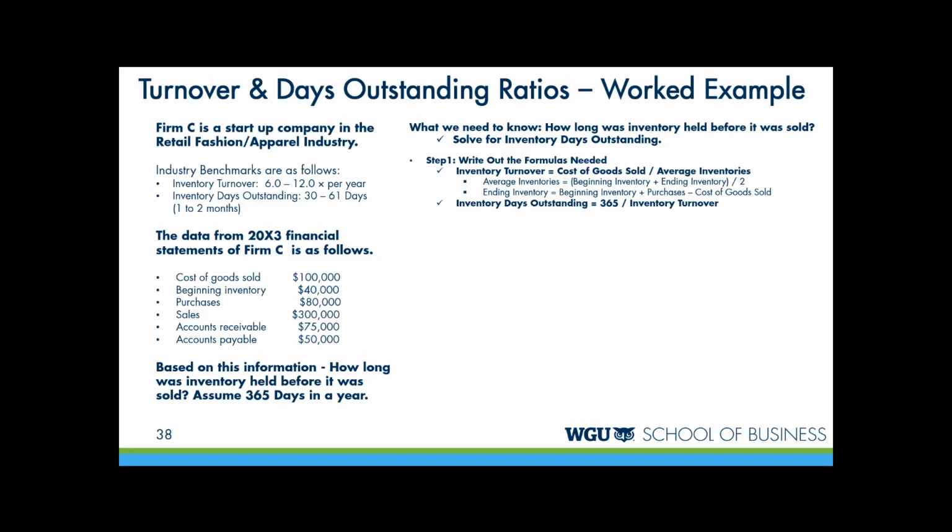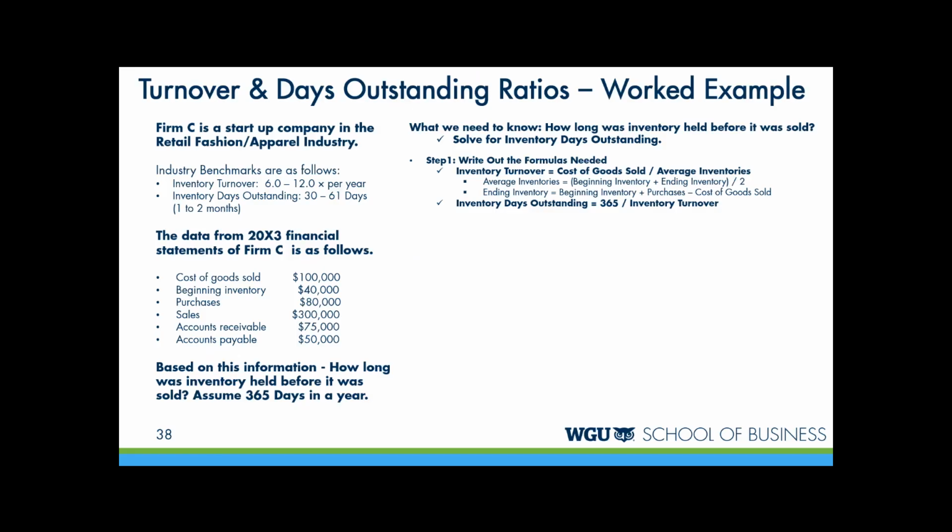Our average inventory is beginning inventory plus ending inventory divided by 2. Now, we don't have an ending inventory value explicitly stated, so we're going to have to calculate it. To calculate our ending inventory, we're going to take our beginning inventory plus purchases minus cost of goods sold.